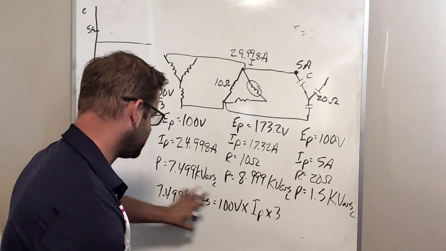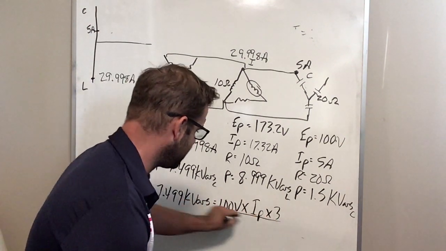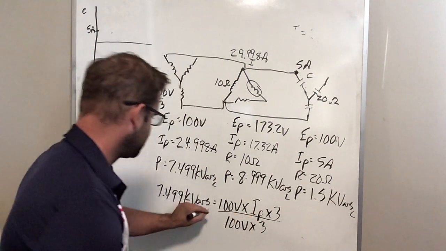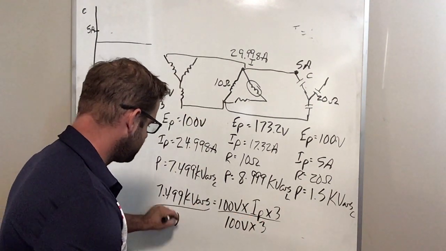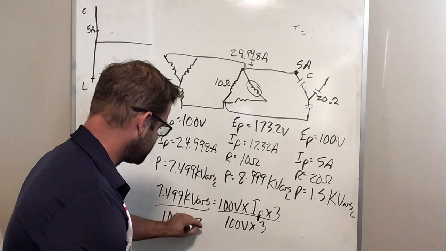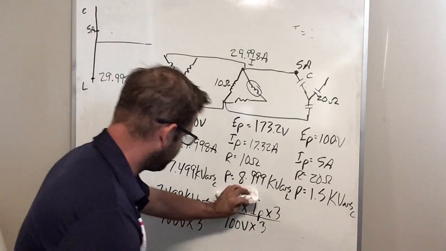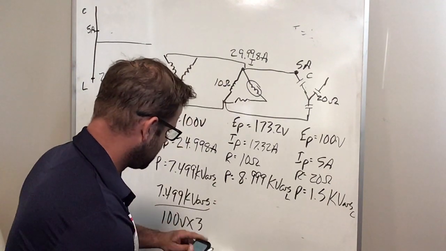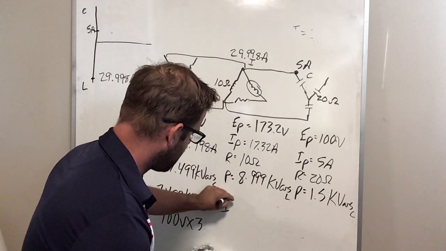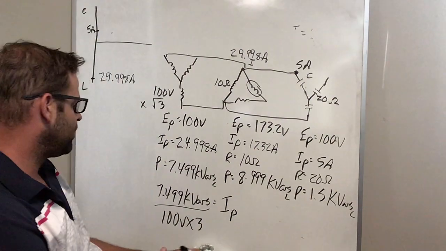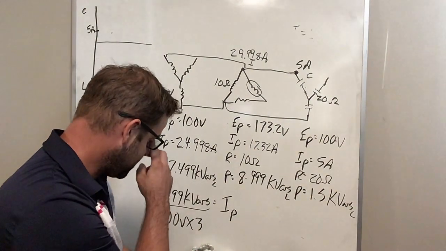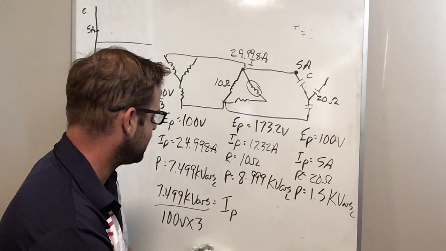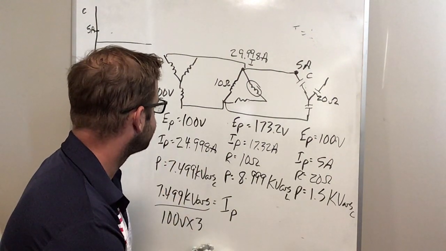I want to isolate that, so I divide by 100 volts times 3 on both sides, and the formula ends up being IP is equal to 7.499 kVARs divided by 100 times 3, and we get 24.998 amps.